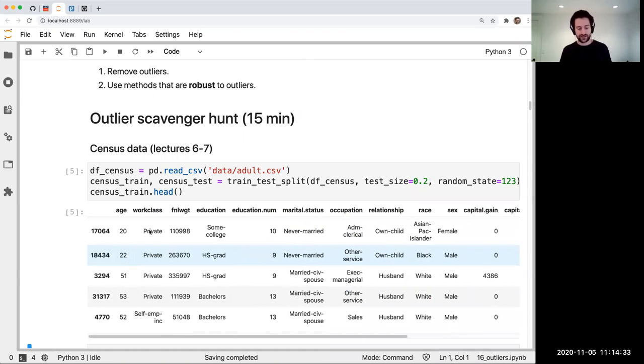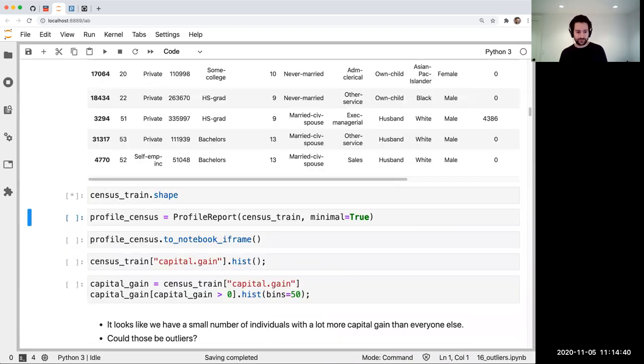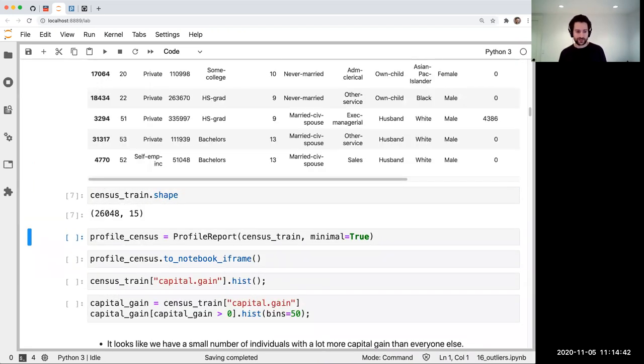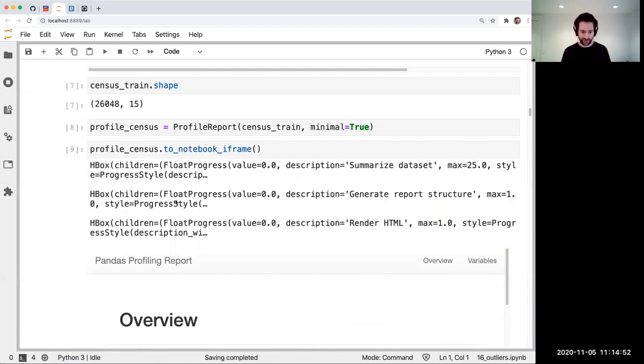We had all these pieces of information that people filled out on the census. We had 26,000 census people in our training set. And we mentioned back earlier in the course this pandas profiler thing.